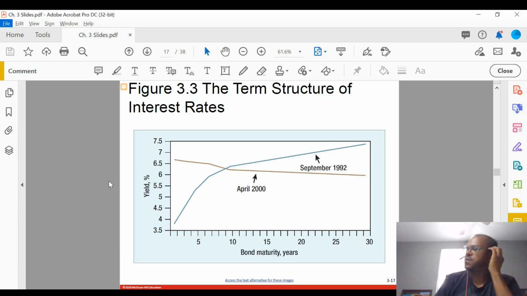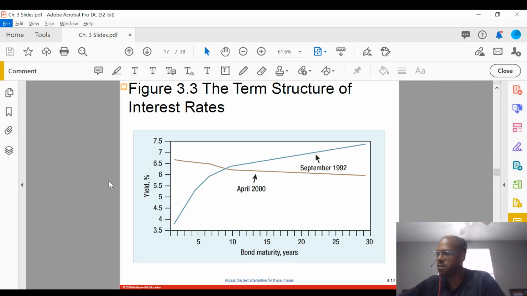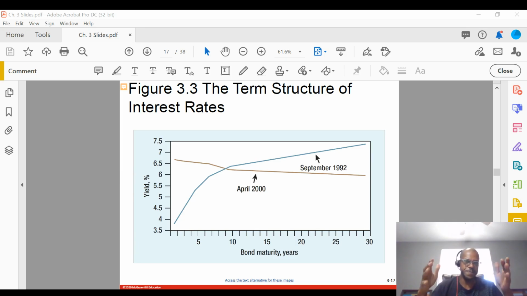All right, part two of chapter three, the bond chapter, which is all about interest rates and discussing the term structure, what that is. So the term structure of interest rates is defined really as taking one particular security and creating, in essence, a graph of all the different traded securities and what they're trading at, meaning their yield.